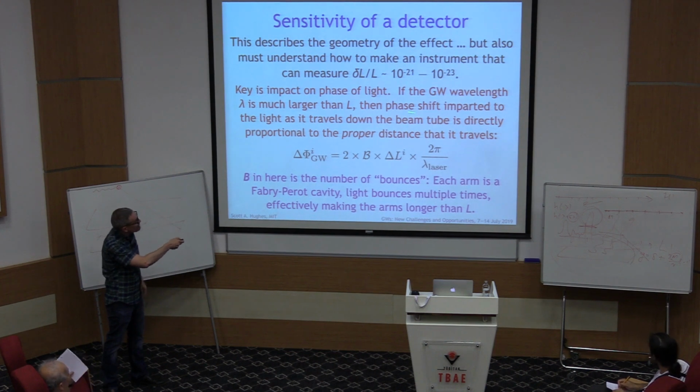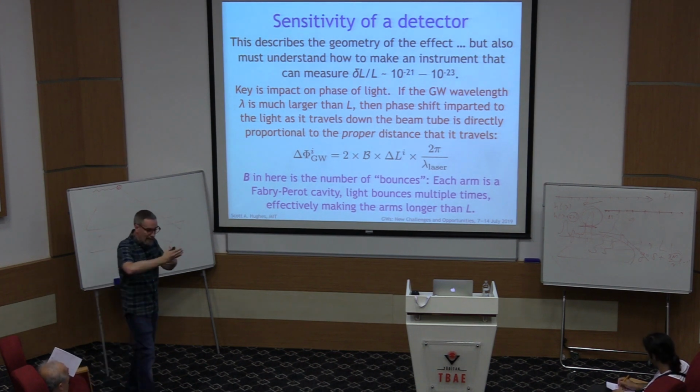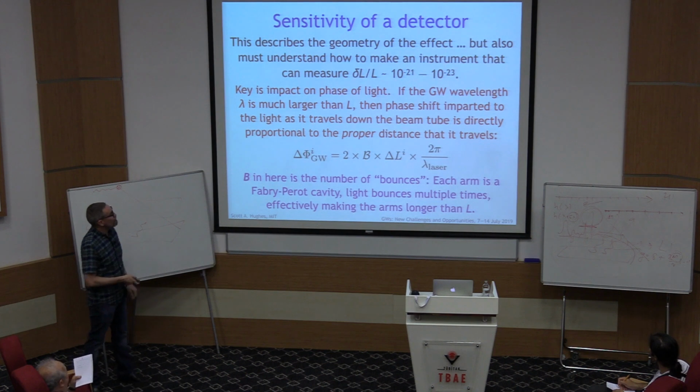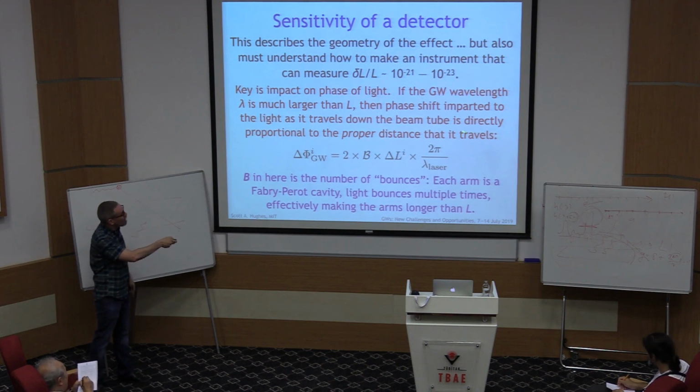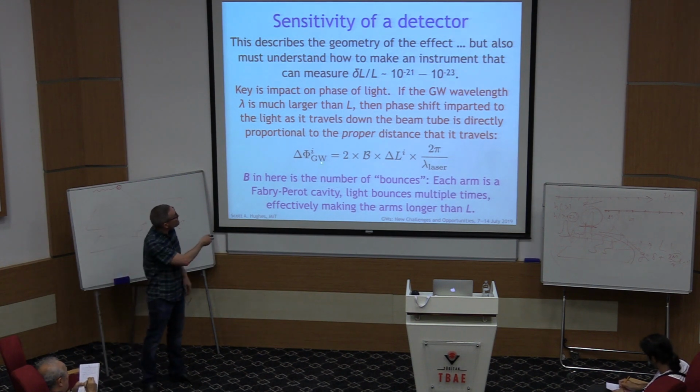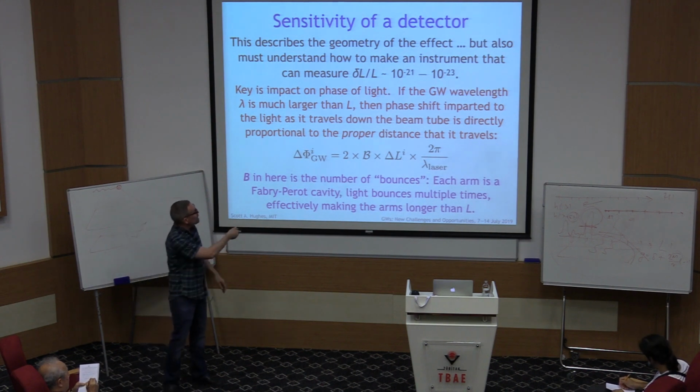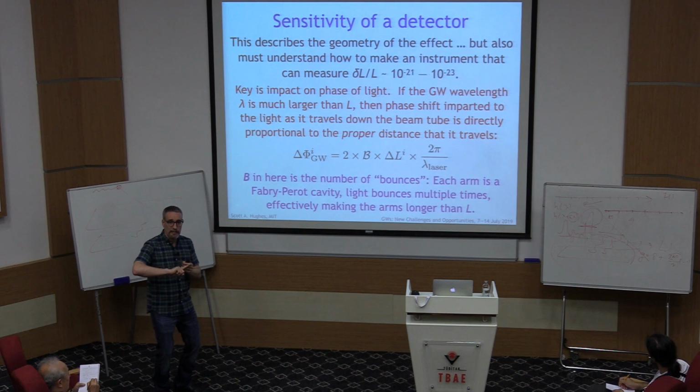The phase shift on the light as it travels down this beam tube is directly proportional to the proper distance that the light travels as it goes down here. A heuristic formula for this is that the change in phase due to the gravitational wave has a factor of 2 because it goes down the arm and back.